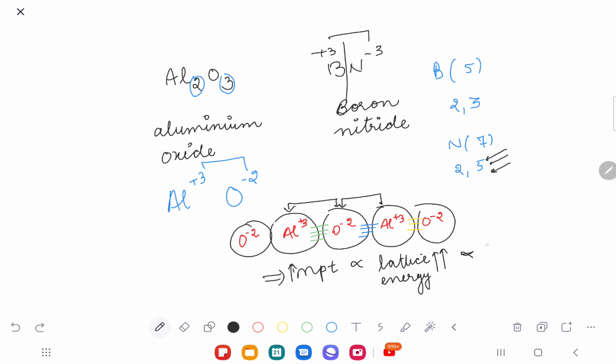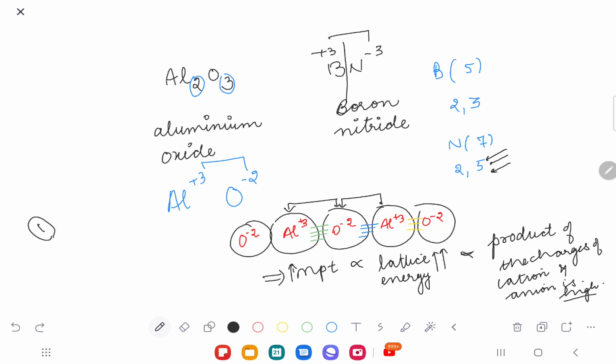Lattice energy is high when the product of the charges of cation and anion is high. Okay? So that is important. So the first factor to decide the strength of an ionic compound is the charges of cation and anion.